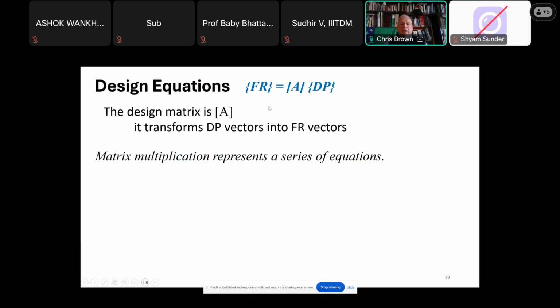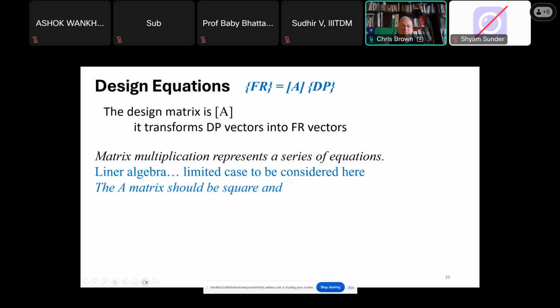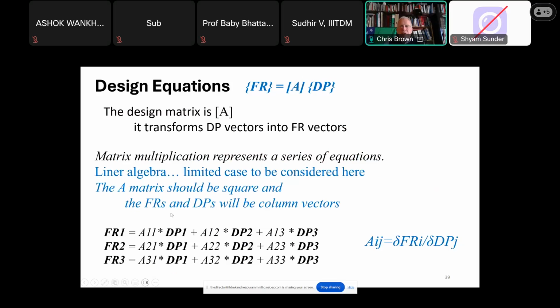So the FRs and DPs can be represented as column vectors, and A is a square matrix, ideally. And then we can use linear algebra, and we can adjust things if we need to. So we have a series of equations that I've alluded to before. I'm writing these all as linear equations.